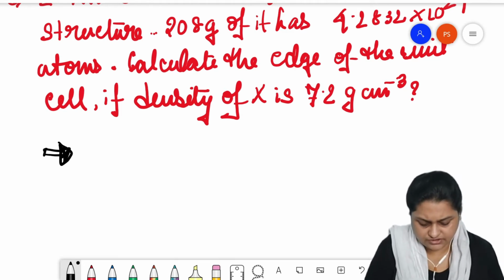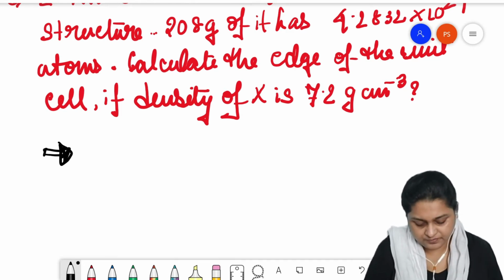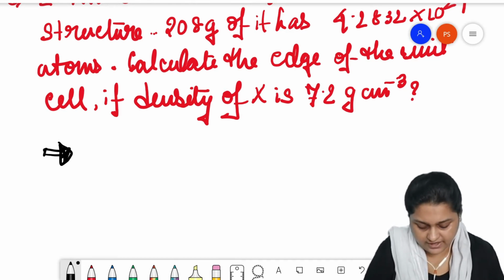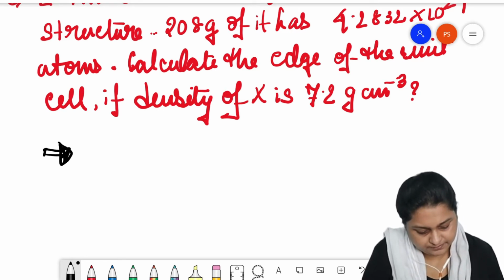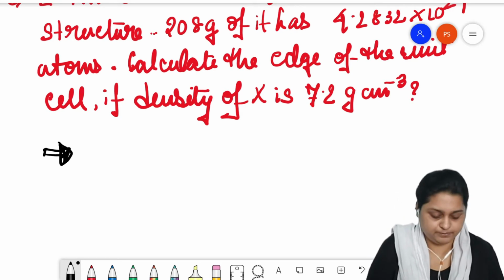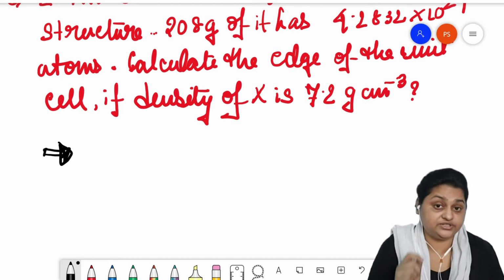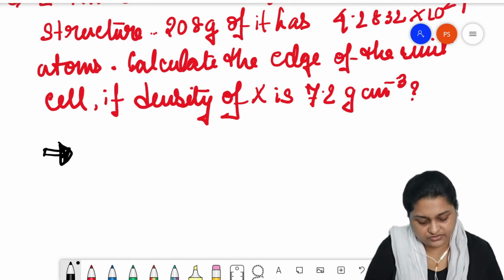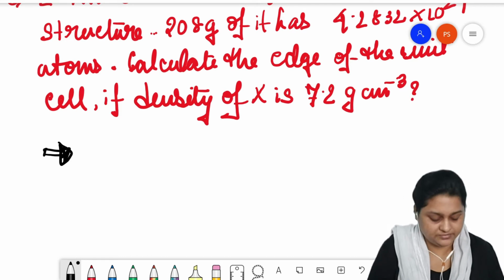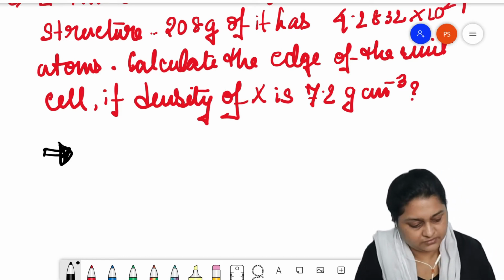The density of the unit cell d has been given. We already know the Avogadro's number. They have already given that 208 gram of this compound contains 4.2832 into 10 to the power 24 atoms. Now from this we can find out the atomic mass. So let's find out the atomic mass first.